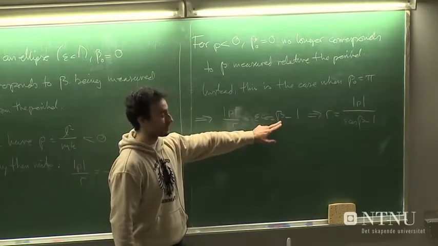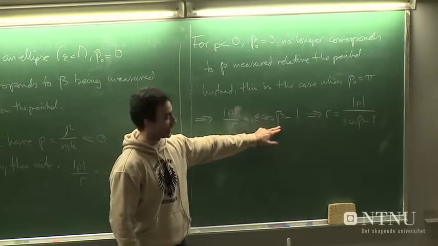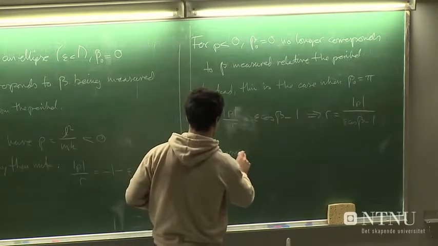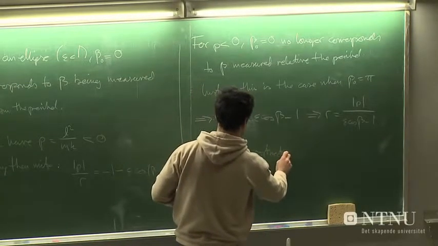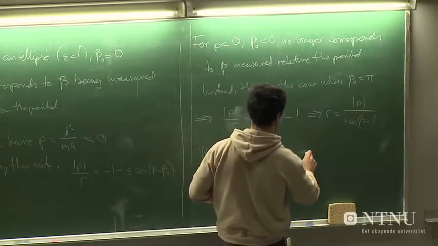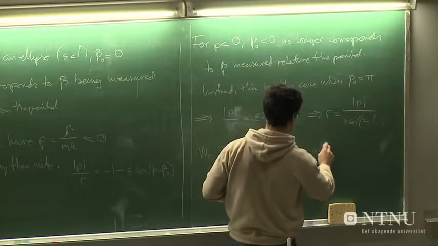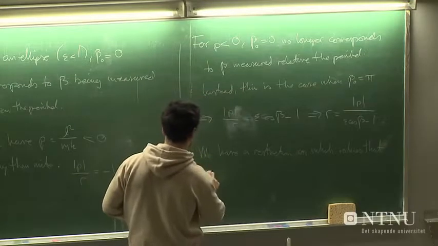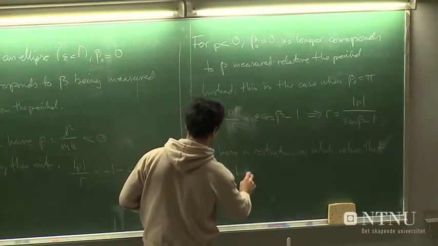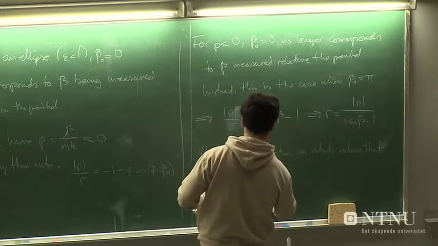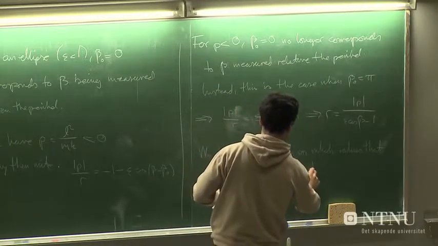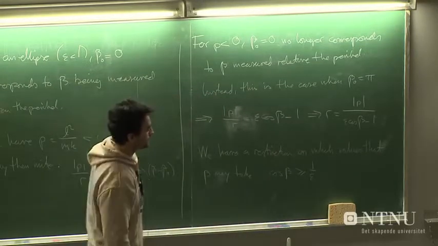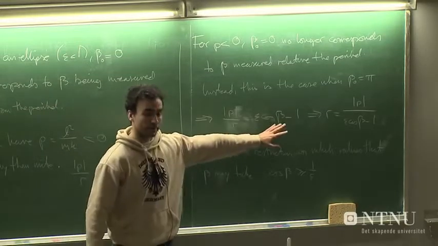So this restrains the values that beta can take in the trajectory. Namely, the following equation has to be satisfied in order for this right-hand side to always be positive.